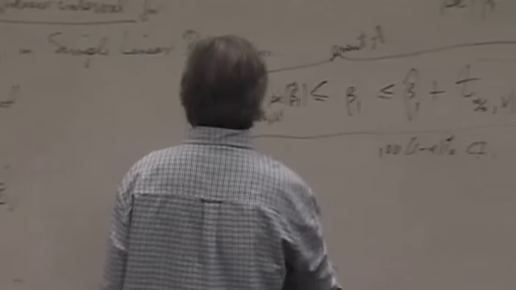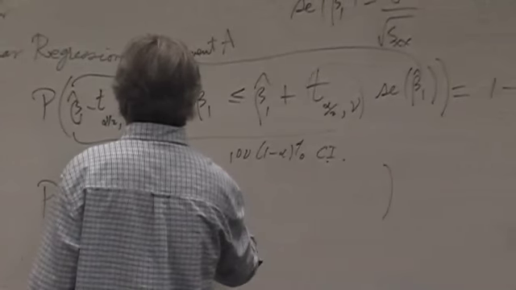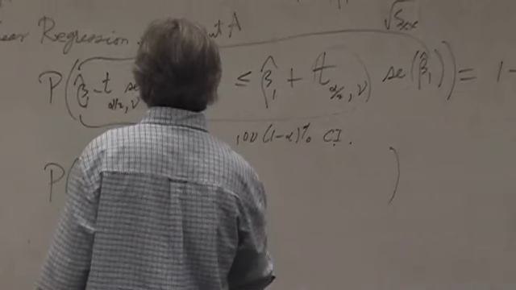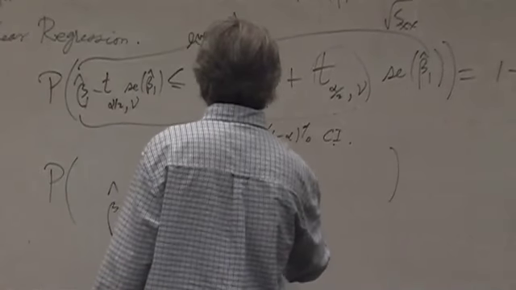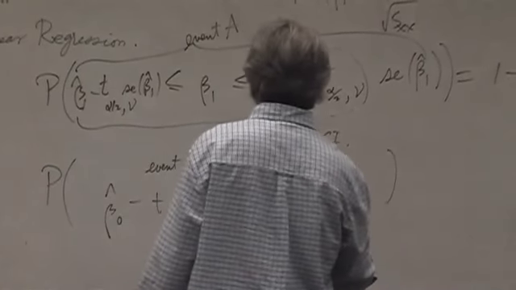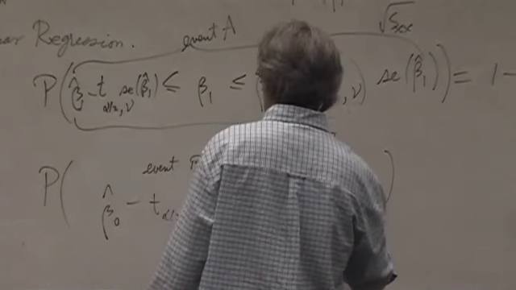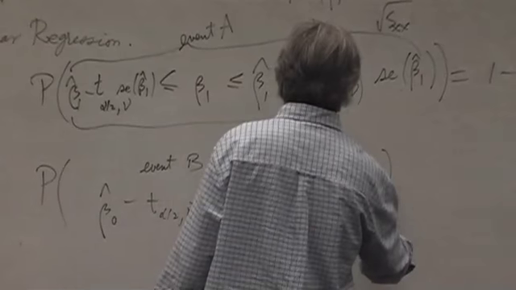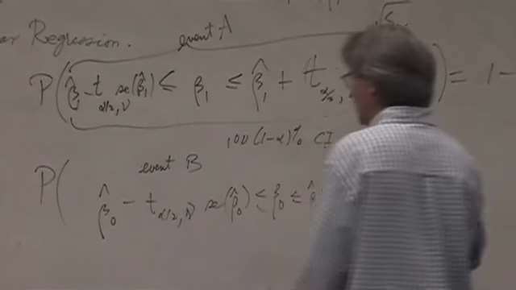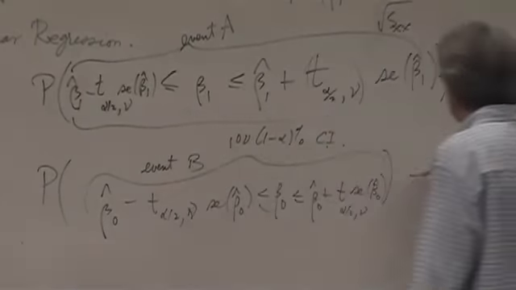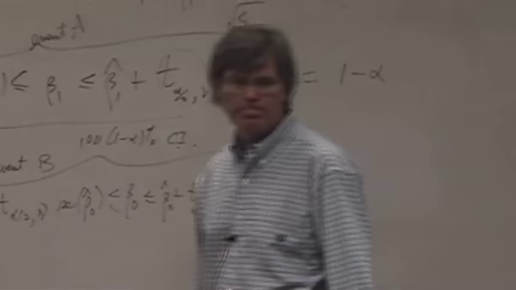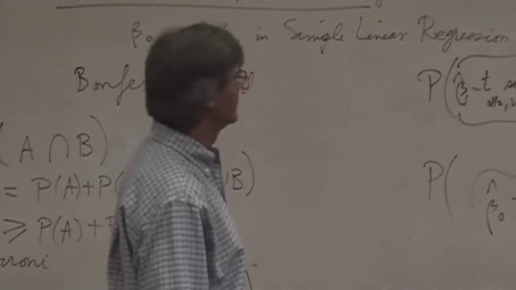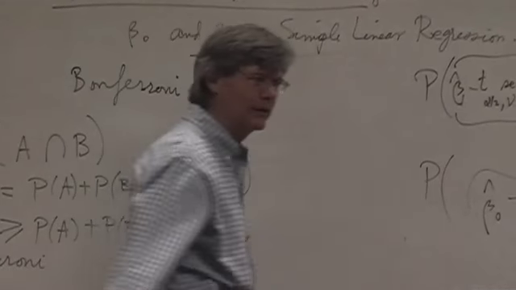Event B is that beta 0 hat minus t alpha over 2 nu times the standard error of beta 0 hat is less than or equal to beta 0, which is less than or equal to beta 0 hat plus t alpha over 2 nu times the standard error of beta 0 hat. This event B also has probability 1 minus alpha under the normality assumptions in the simple linear regression model. That's all I'm doing here.